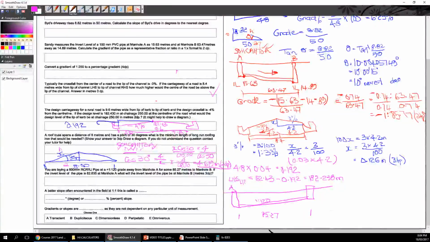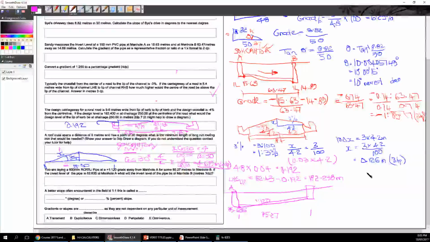If the invert level of the pipe is 85.635, what will be the invert level at B, meters 3 dp?